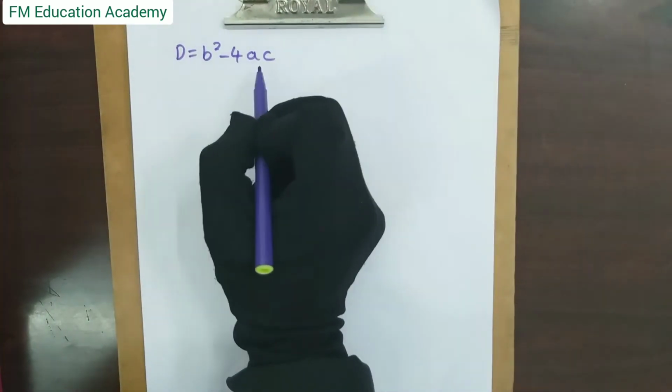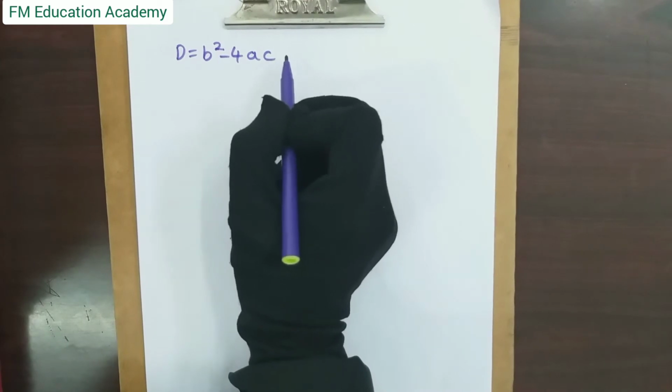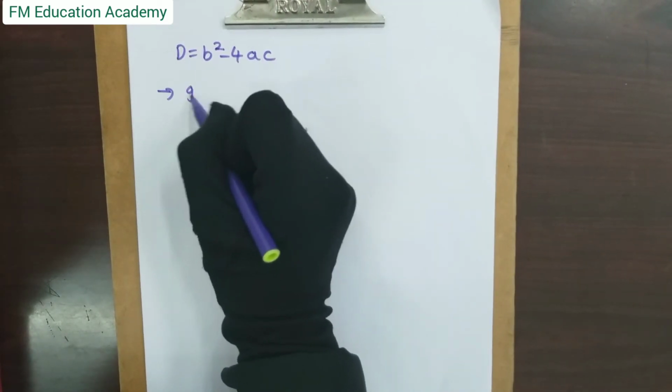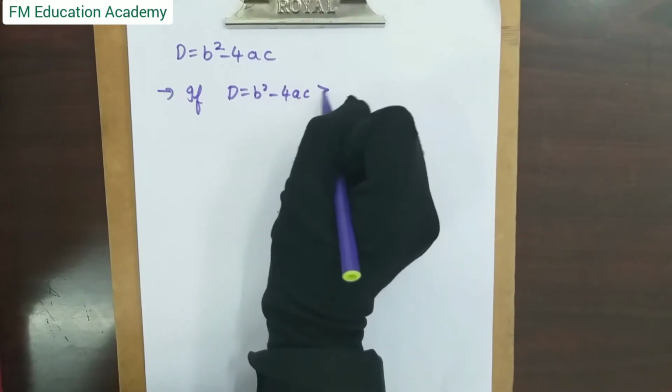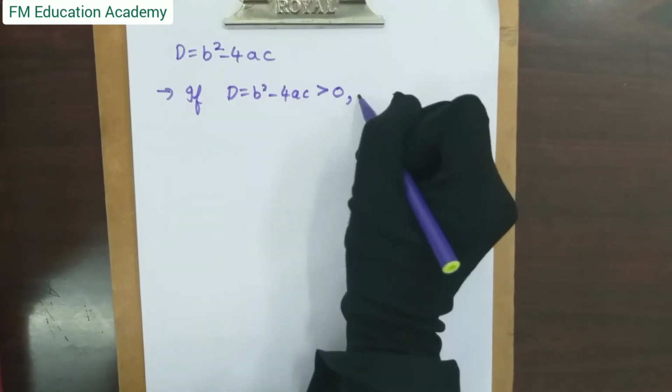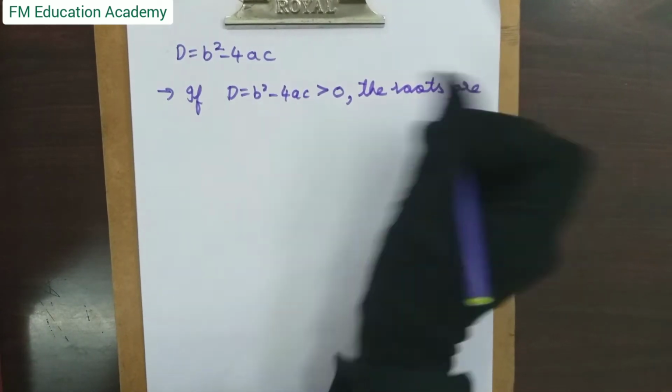After finding the discriminant, d equals b square minus 4ac, we get one number. If that number is positive, that is d is greater than 0, then we can say the roots are real and distinct.